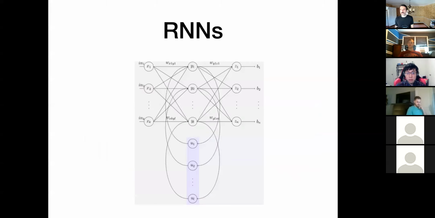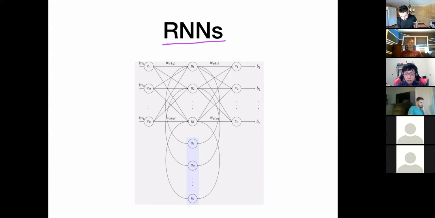And if you think about some other type of model like recurrent neural networks, essentially RNNs are like dense networks. You have fully connected operations like we had for DNNs.